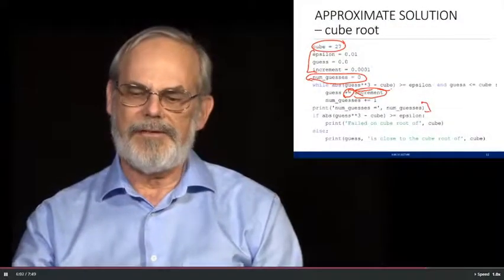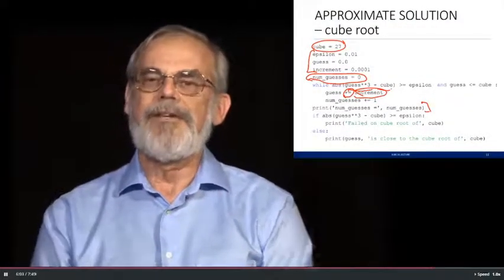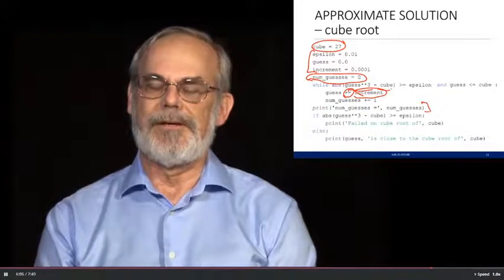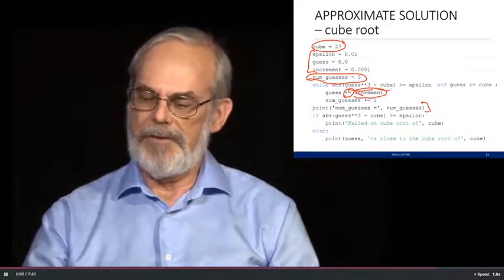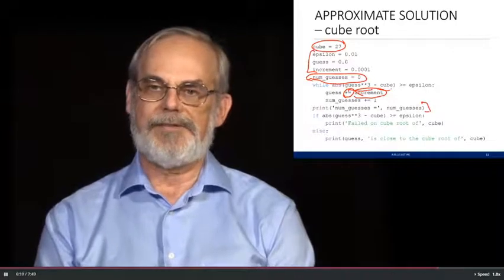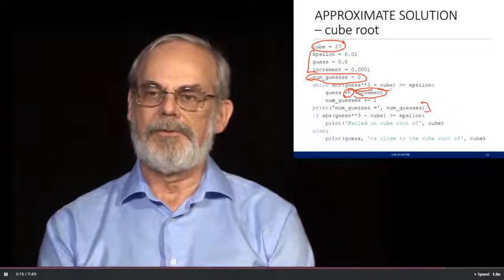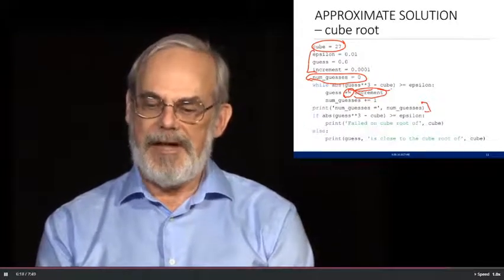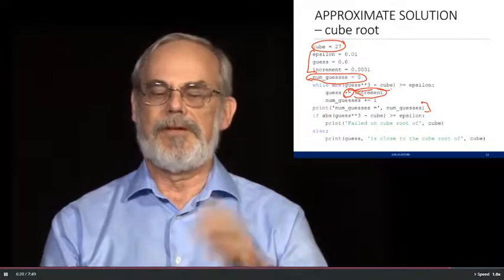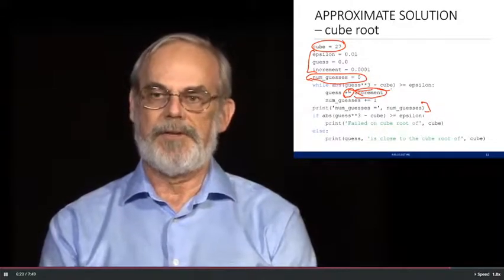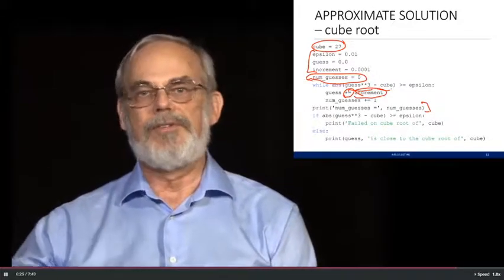Okay, how would I fix that? I need to make sure that the guess isn't too big. I'm going to go back to where I was. With this test, it simply says as long as guess cubed minus cube is bigger than epsilon, I'm going to keep going through the loop. If my step is too big, I could try something just below cube, but not have it work, and then go past cube and keep going further and further on.